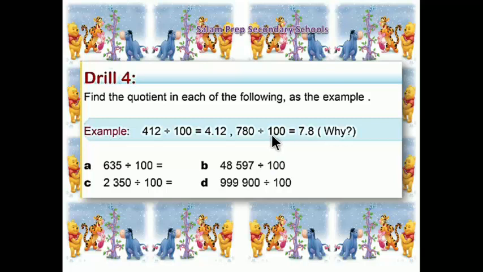Now the number is 10. 10 has 1 zero. So we will move to the left only 1 step. The answer will be 7.8. Now you can solve problems as we done in our example.